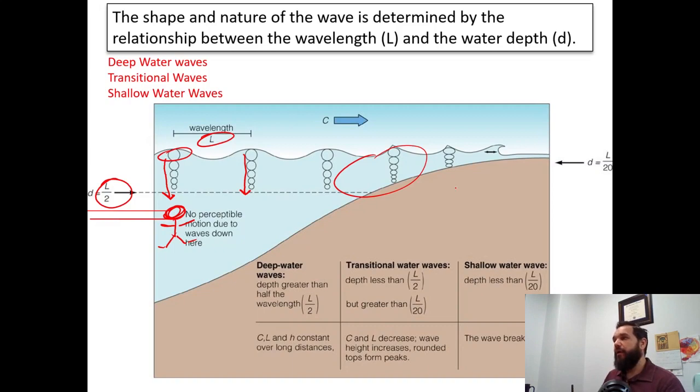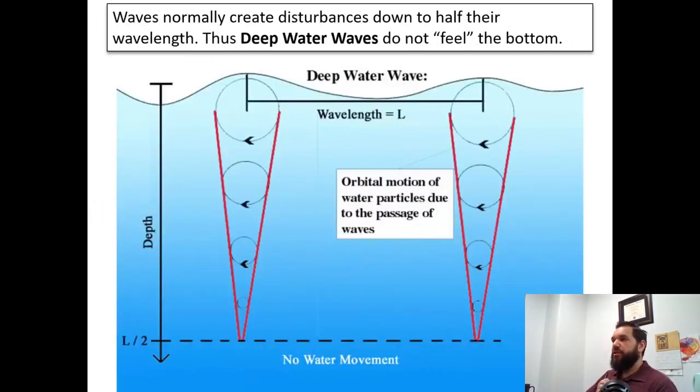In a more extreme case, where the depth is equal to the wavelength divided by 20 or something like that, the shape of the wave is highly influenced by the sea floor, and you get shallow water waves. So there's deep water waves, transitional waves, shallow water waves.